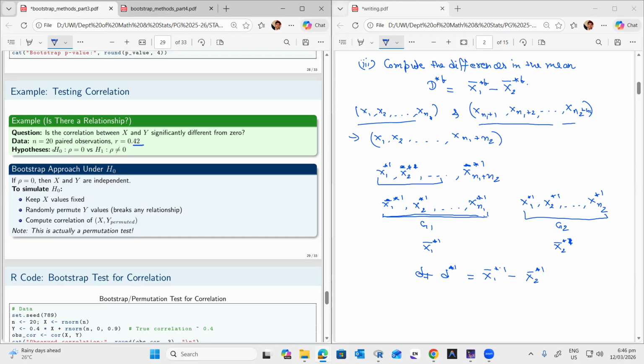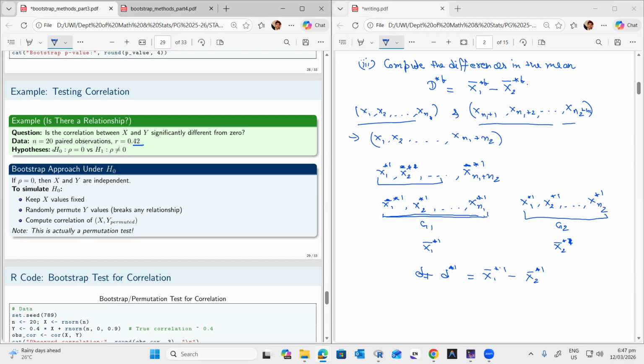The hypotheses are H naught: rho equals 0, meaning both are independent, against H1: rho not equal to 0, meaning they are dependent. If rho equals 0, then x and y are independent, and to simulate that we will keep the x values fixed and randomly permute the y values, which breaks any relationship, and compute the correlation of x and y permuted. So this is actually a permutation test.